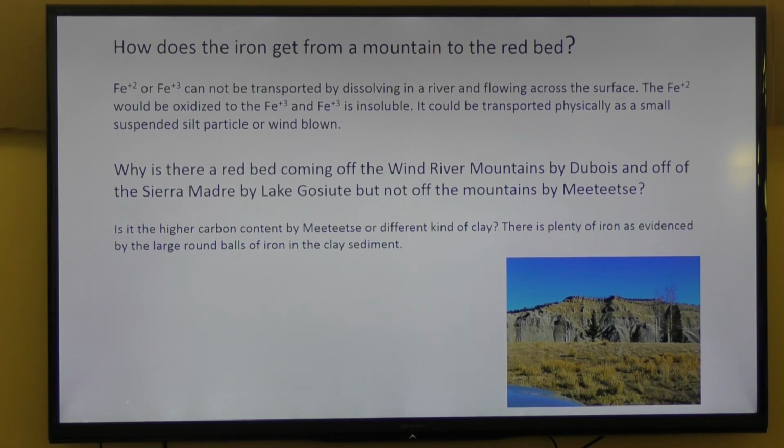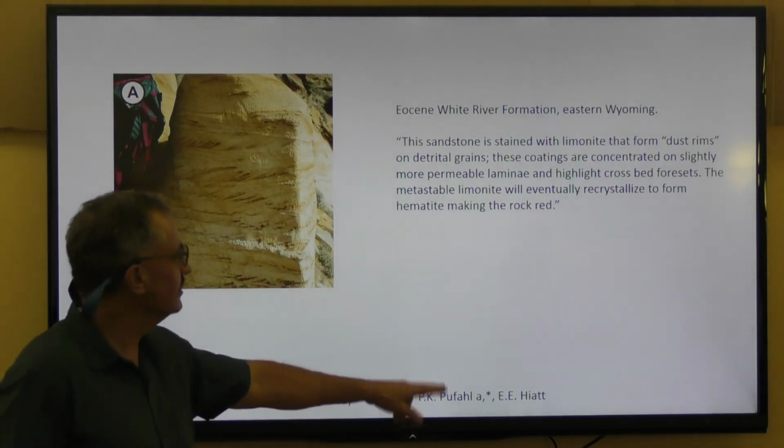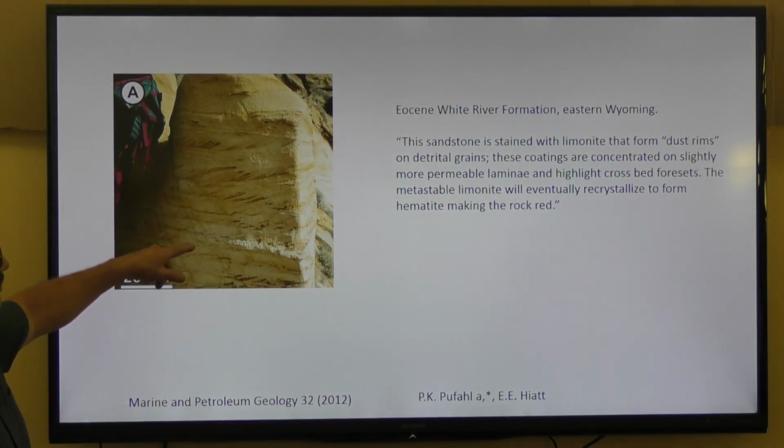It's a barren place. I'm going to show another barren place in a minute. Not everybody agrees on how red beds get made, right? This is another person. I'll show more of him later. But he looked at the Eocene White River Formation, so that's 50 million years ago.